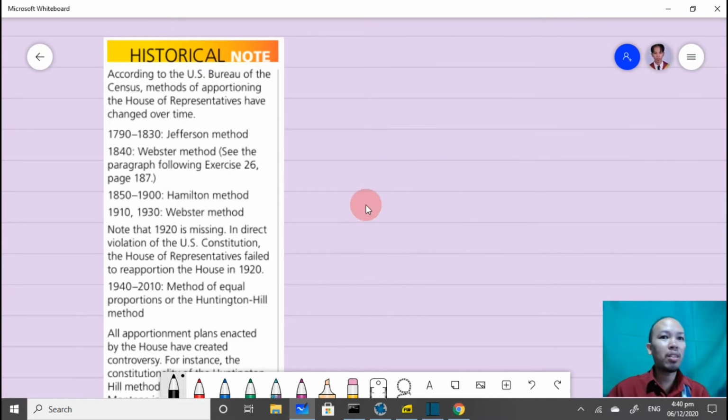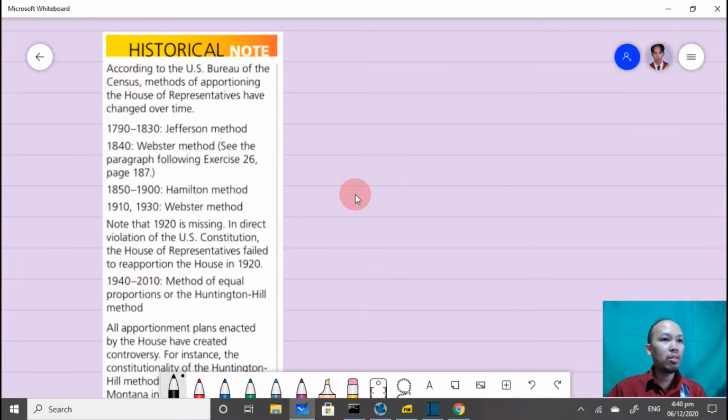Okay, I'm sorry, I have to include this historical note here. I forgot to discuss this after the discussion of the Huntington-Hill apportionment method. And I also reminded myself about the difference between the apportionment principle and the Huntington-Hill apportionment principle.